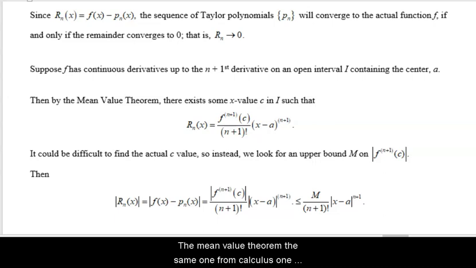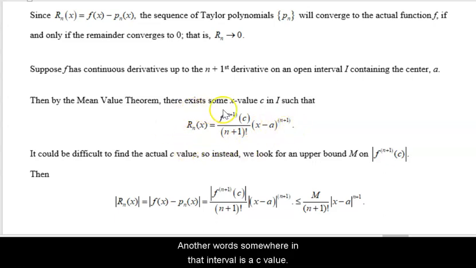The mean value theorem, the same one from Calculus 1, will guarantee that there has to be some x value c in that open interval such that the remainder is equal to the n plus first derivative at c divided by n plus 1 factorial times x minus a to the n plus 1.